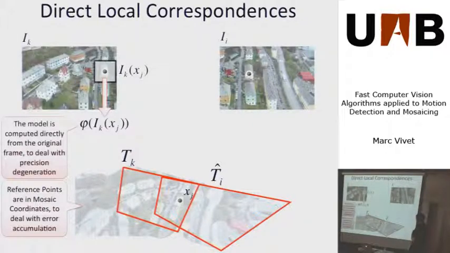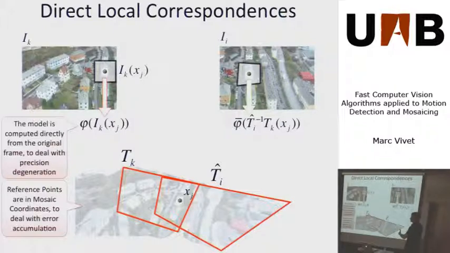But the point is modeled using the original frame where the point was extracted, in order to deal with the precision degeneration. So the extracted model is computed without interpolating pixels. Then, we compute the equivalent model that will be used for a tracking algorithm. This model can be a weighted histogram, pixel intensity, whatever. This depends on the tracking algorithm.